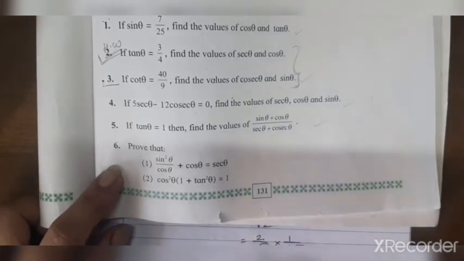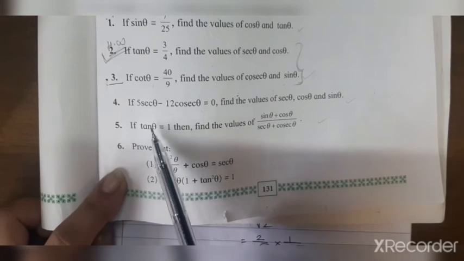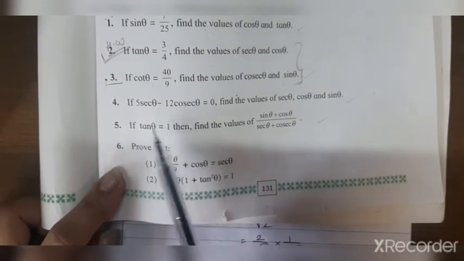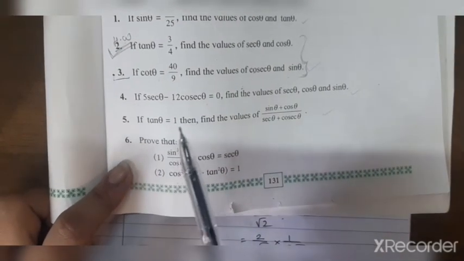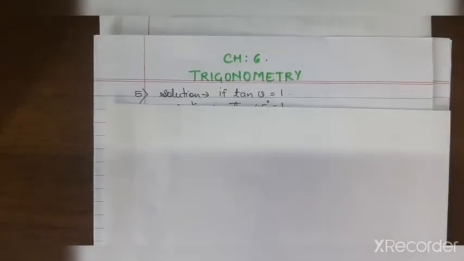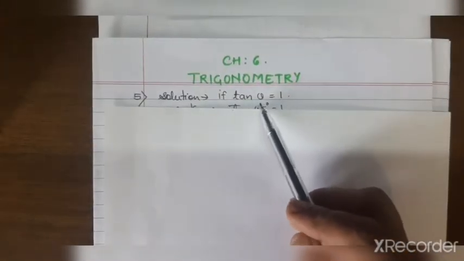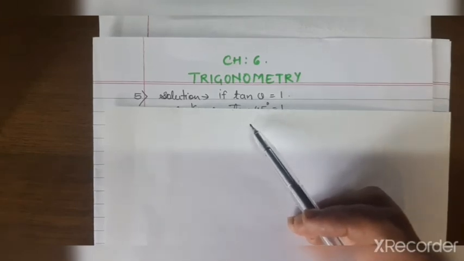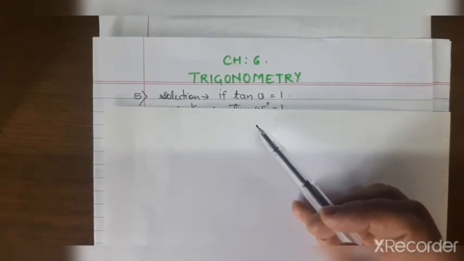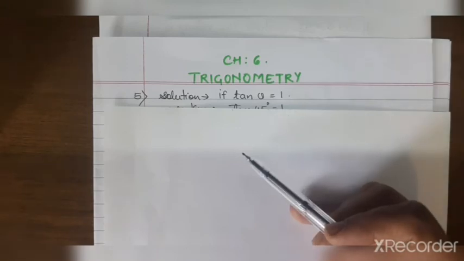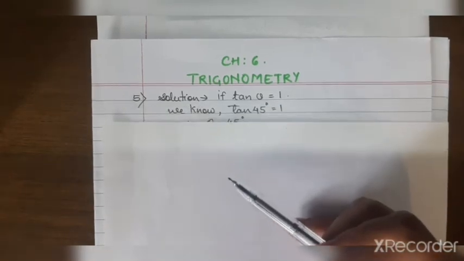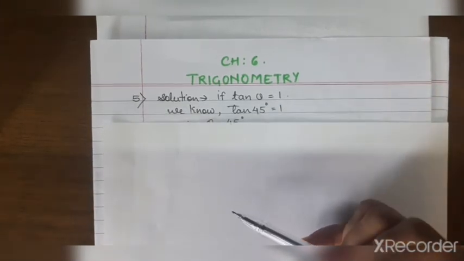What is given, tan theta is equal to 1. From this, we need to find what is theta. Here, if tan theta is 1, then we also know something about the tan ratio: the value of tan 45 degrees is 1.